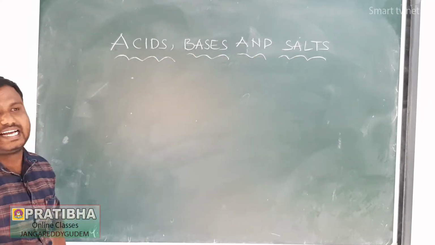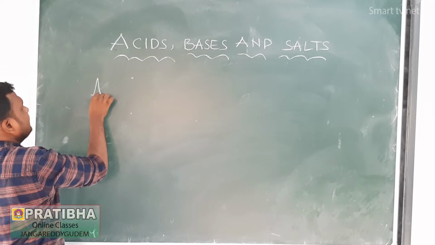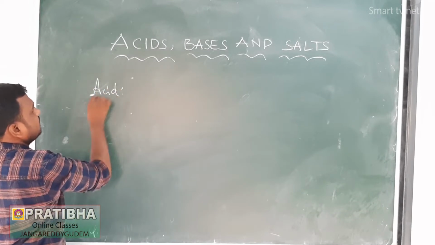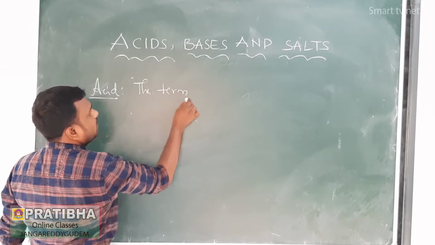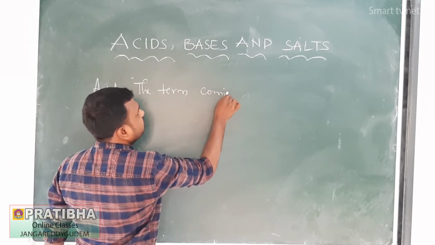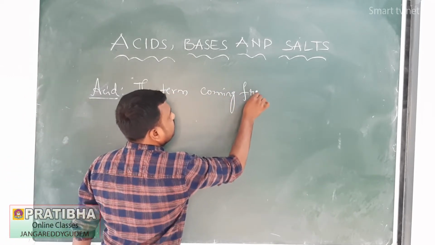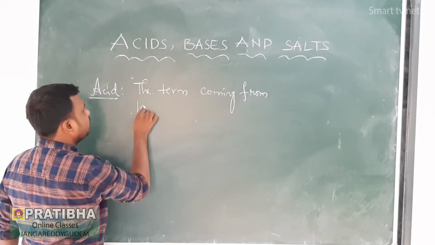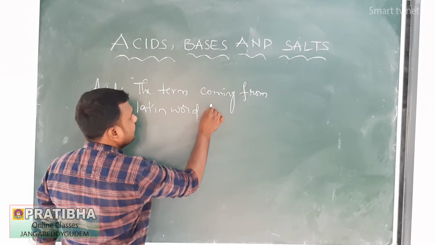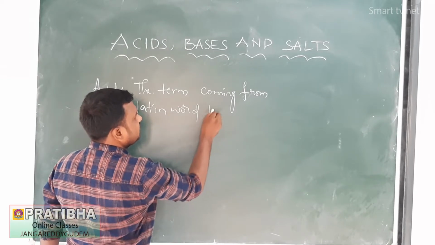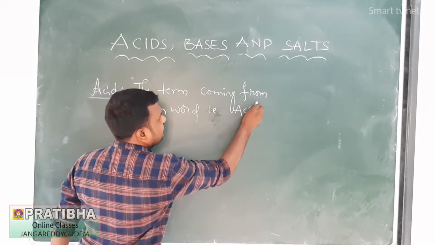What is meant by acid? The term acid comes from the Latin word acidus.